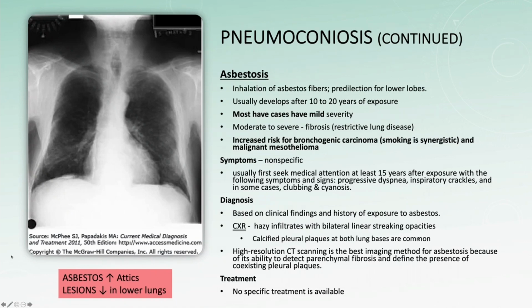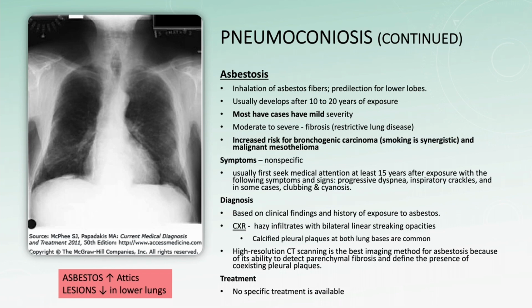Next, we're going to talk about asbestosis. We mentioned it when we talked about mesothelioma. Remember, mesothelioma is a type of cancer that's related to asbestos exposure. We see these in patients that worked in shipbuilding, house building, kind of way back when.